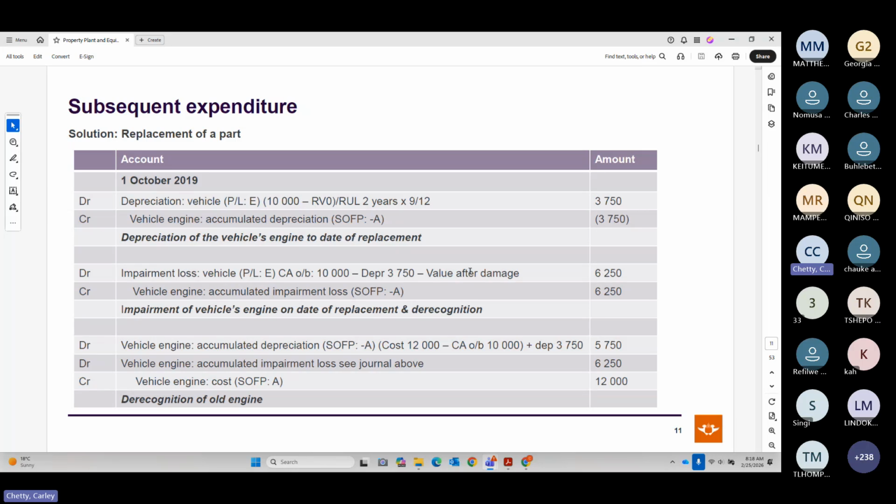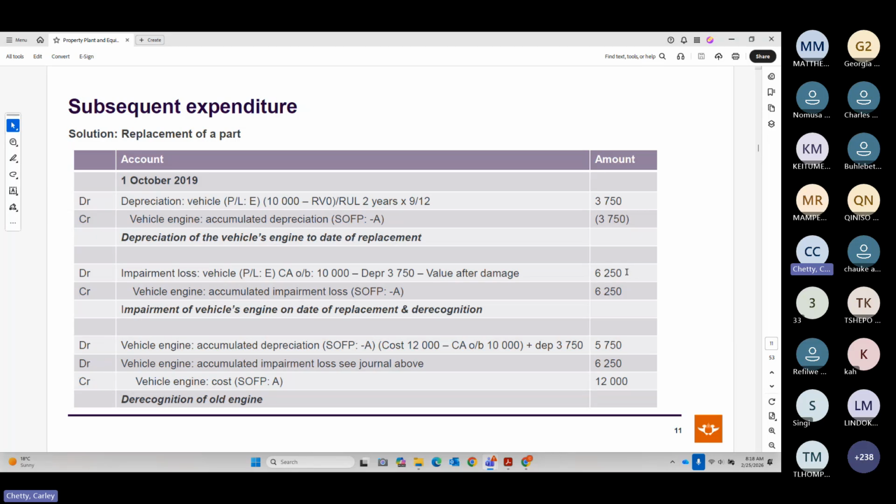So we want the carrying amount at the date of replacement. So we take the 10,000 Rand minus the depreciation of 3,750 relating to the 9 months, and that is going to give us a carrying amount of 6,250 Rand.